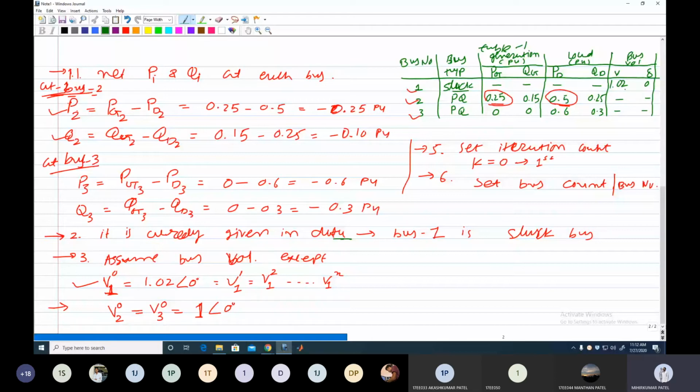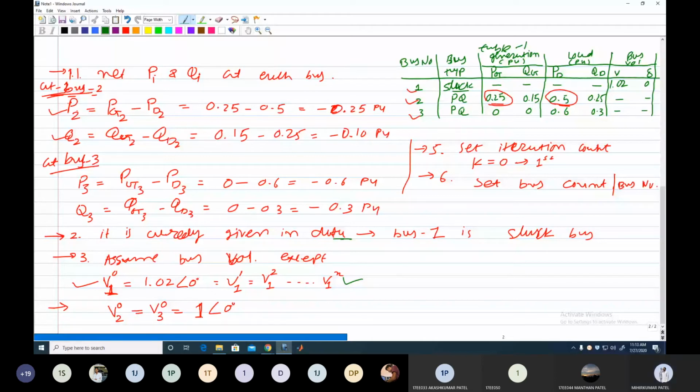So it will remain the same throughout this example, as the reference bus or slack bus voltage will not get affected or changed throughout the power flow analysis. Clear? Then we have assumed the rest of the bus voltages as 1 angle 0.